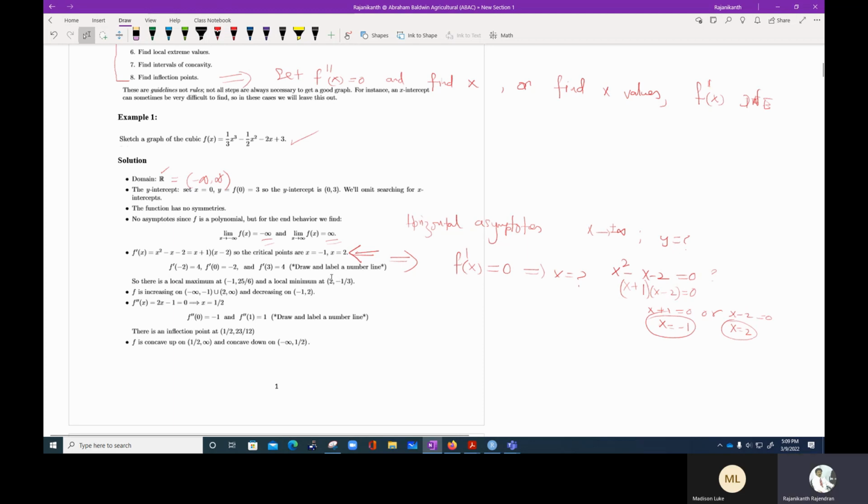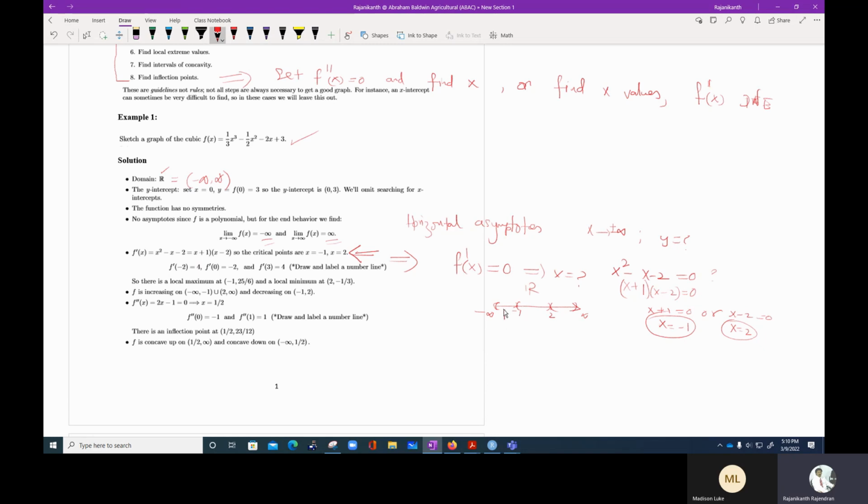So after that, use the domain. Remember the domain is the full set of real numbers. Now you know there are two critical values, negative 1 and 2. Remember, in previous chapter sections we studied finding increasing and decreasing intervals, right?